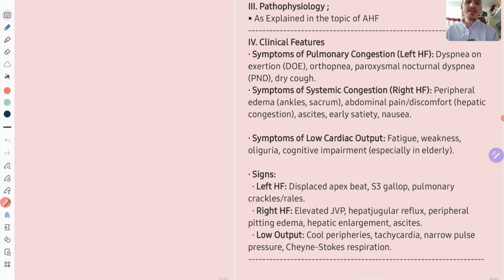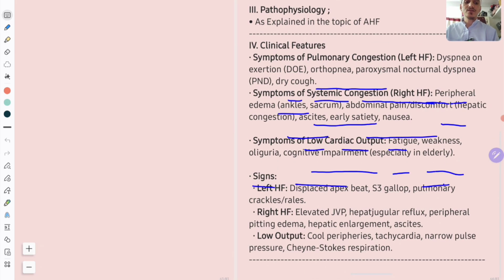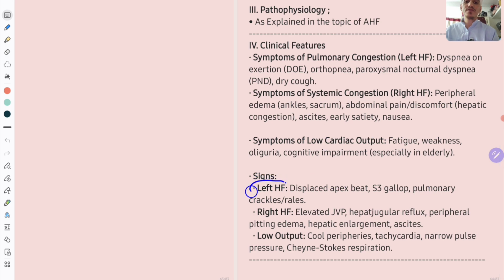Coming to the signs. Congestion of the left heart will lead to a displaced apex beat because of cardiomegaly, and an S3 gallop because of congestion. S3 gallop is the triple rhythm; it sounds like 'Kentucky', that is the murmur.